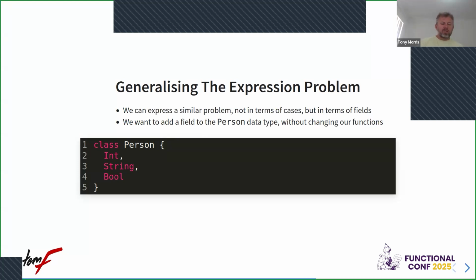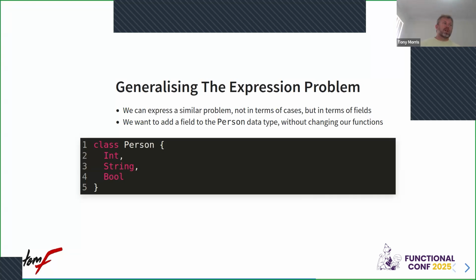And again, we could go through the same set of solutions. We could have a map, and the map has two keys, an integer and a string. And then to add the Boolean, we just add a new key for the Boolean, and everything keeps running just fine, except for the functions that don't handle the Boolean case. We just hope that we never call those.